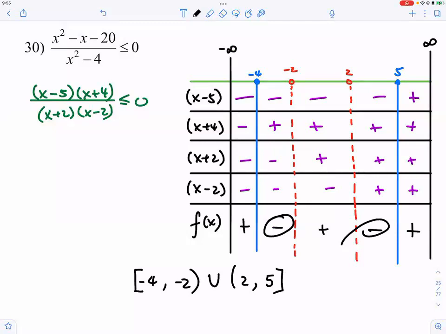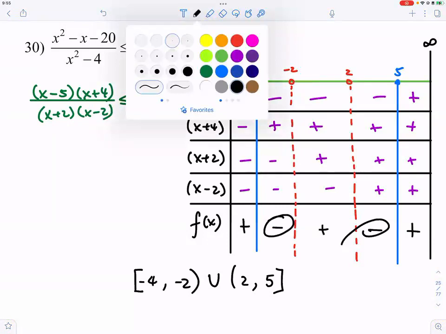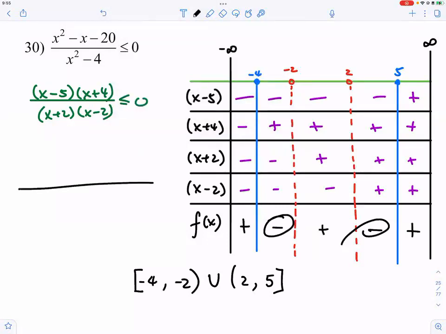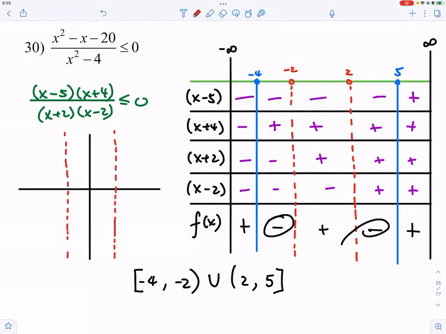If you need to make a graph, you could. With the sign chart, I think we can also make a graph pretty easily. We have 2 vertical asymptotes, one at -2, the other at 2. And then we have a horizontal asymptote.